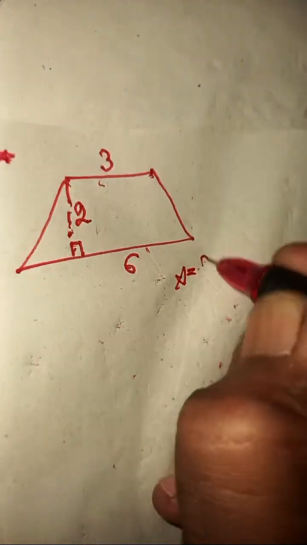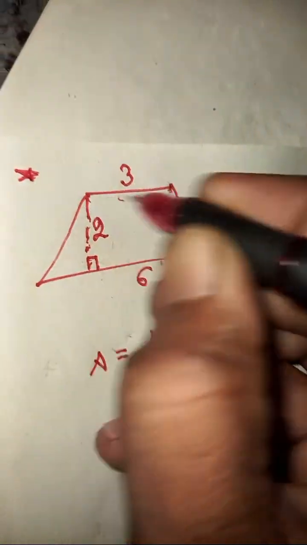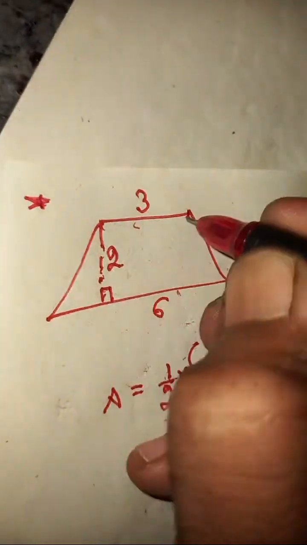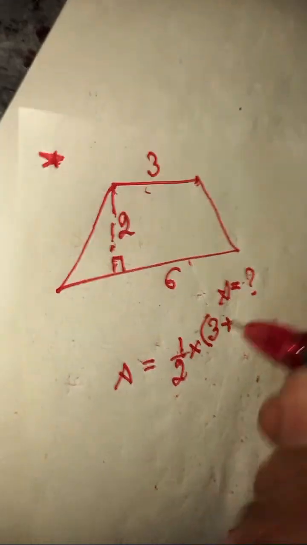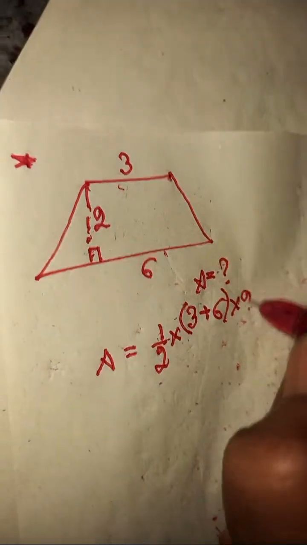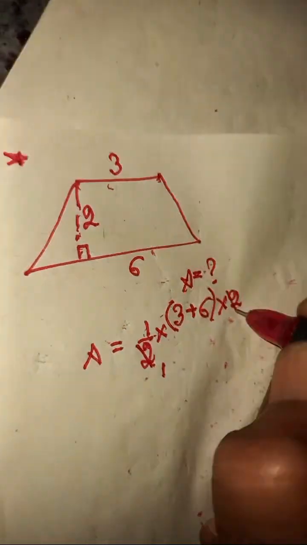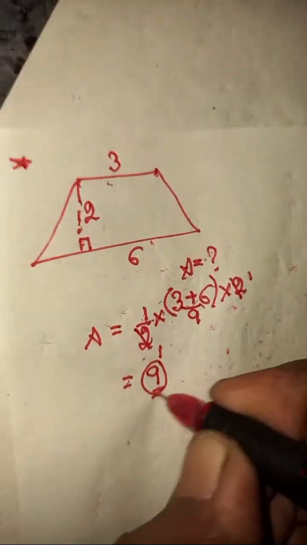Find out what's the area. Area of this trapezium is half times the sum of parallel sides. This is one parallel side, 3 units, plus this is another parallel side, 6 units, times the perpendicular height, which is 2 units. You can divide 2 1 times, 2 1 times. 3 plus 6 is 9, so 9 square units.